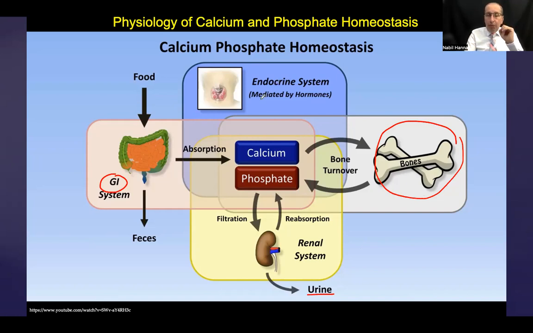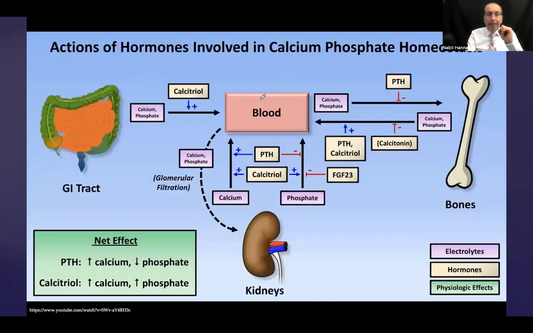The hormone that controls calcium level in the blood in particular comes from the parathyroid glands and is known as the parathyroid hormone. Where is the parathyroid gland? The name implies it's next to the thyroid.